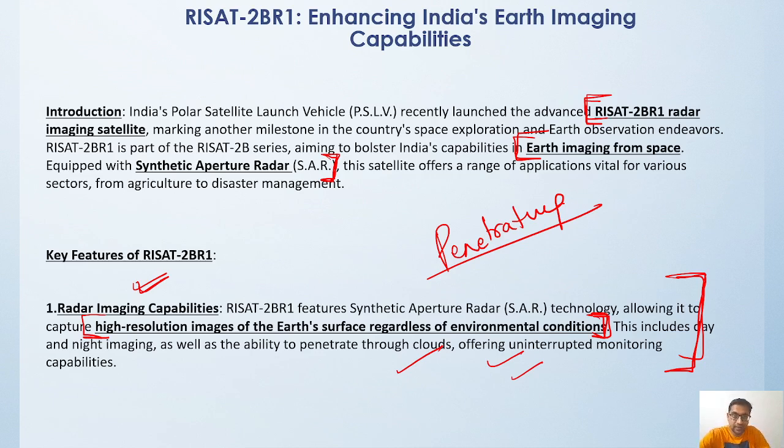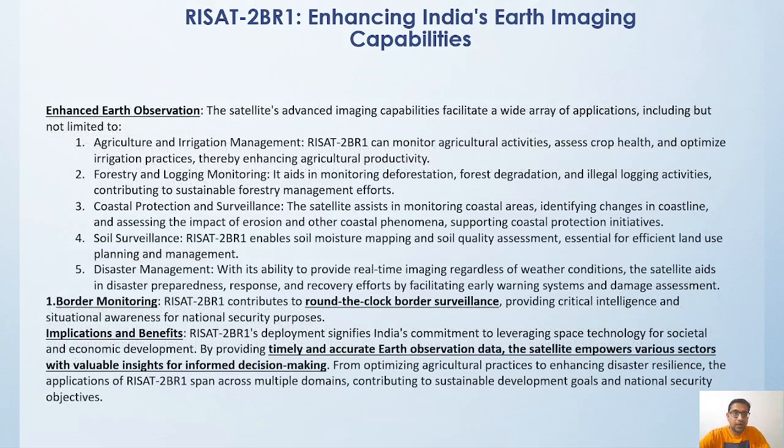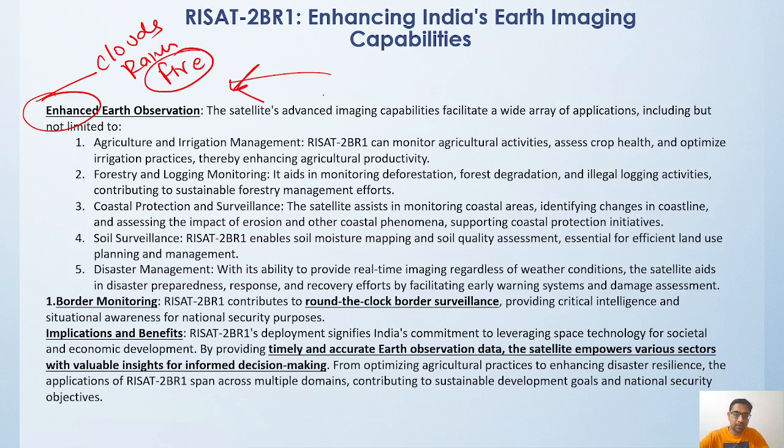It will provide much more enhanced Earth observation during clouds, rain, and fire, because during a fire, if you try to get satellite images, you will not get proper images because of the smoke. But RISAT-2BR1 will be able to penetrate any kind of obstruction and provide you with clear images.